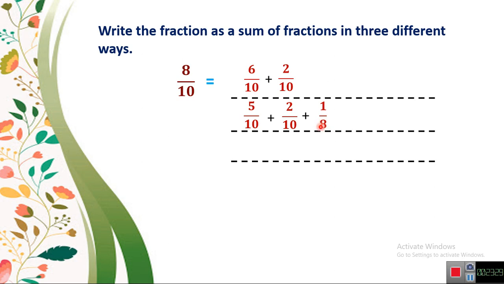This is my mistake. Excuse me for my mistake. Okay, the other way is 4/10 plus 2/10 plus 2/10. That's it, right? You can even have 4 addends, 5 addends, as much as you like, but try to decompose it as many ways as you can.